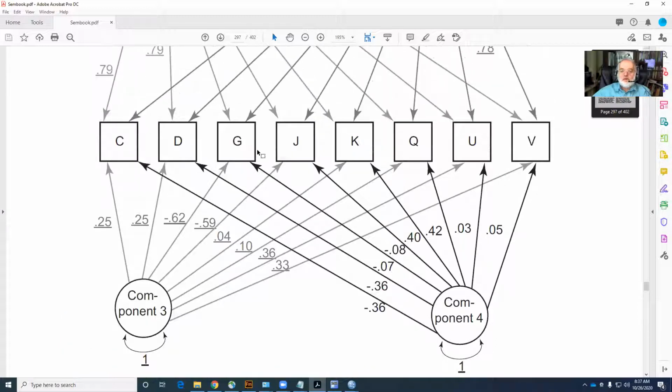Now, as I said before, this is a problem because I assume that the communalities are 1, that all of the variance in that variable belongs in my factor model. And that doesn't meet the assumption of how we think about our variables. Namely, we like to think that there's some error variance down here.